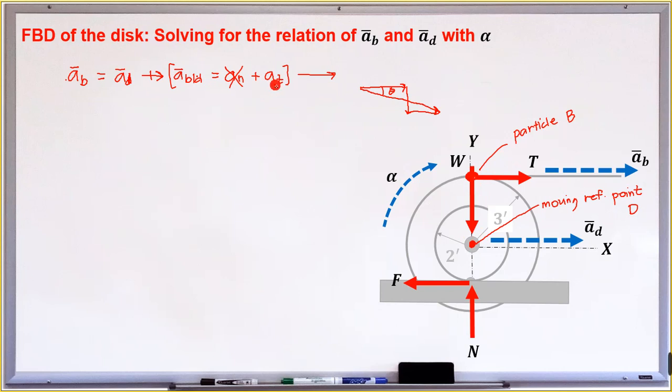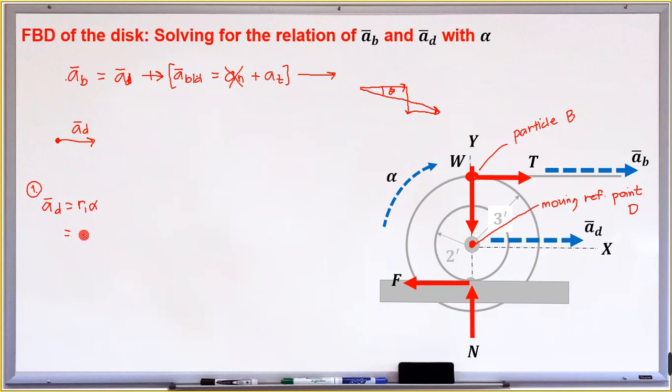Okay, so to solve for this one, nang una, we need to know the acceleration of our D, no? Acceleration of our D. So A bar D. Now, our A bar D for a perfectly rolling cylinder, that is equal to R1 times alpha.